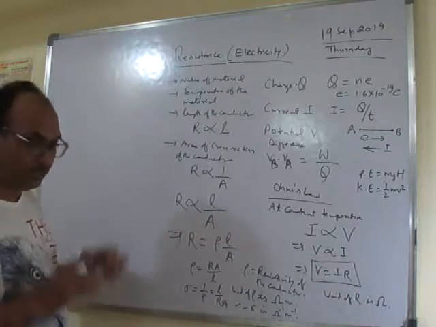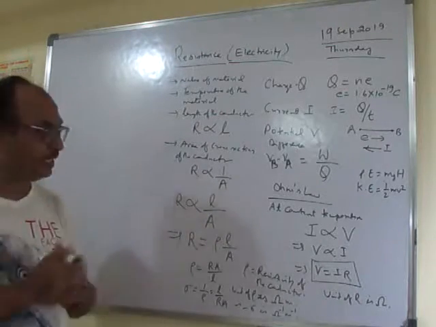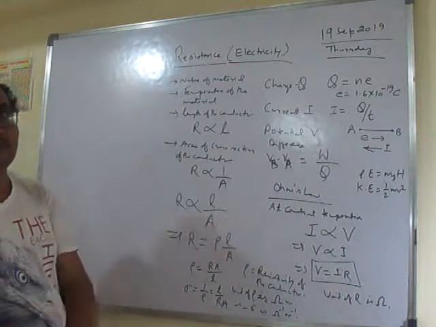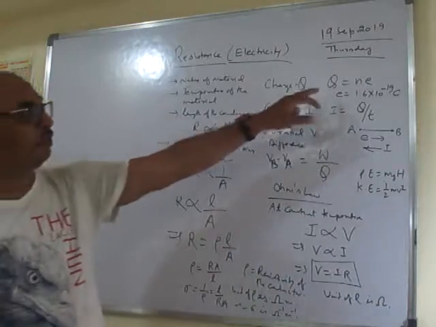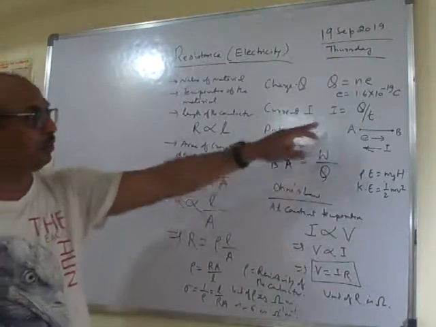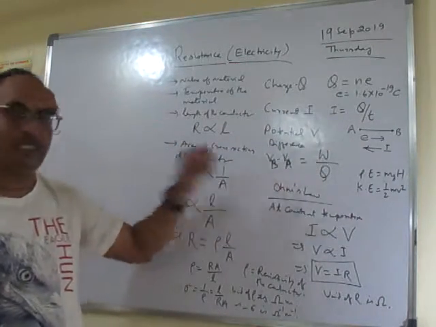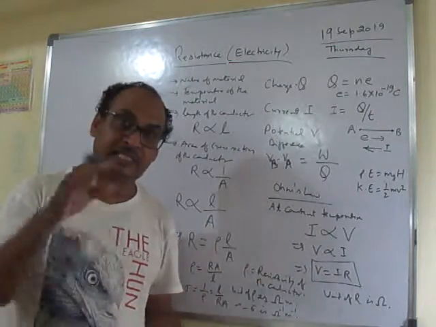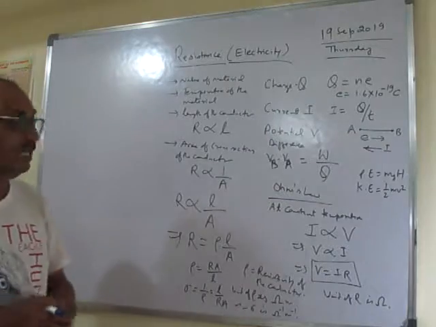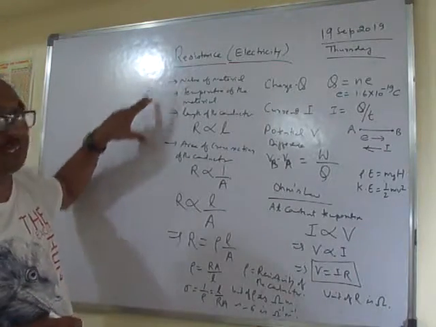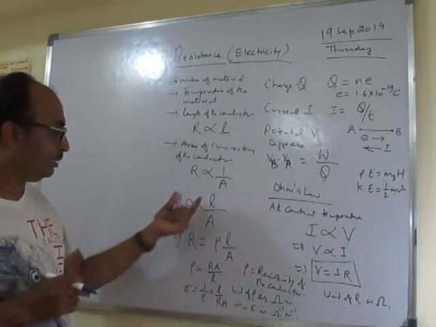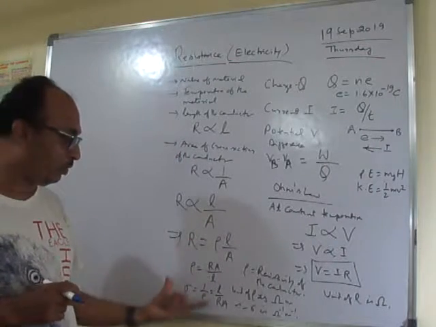Now, to give you an idea of this electricity chapter: we discussed charge Q, current, potential difference, and Ohm's law, then where the concept of resistance comes from. Then we discussed the factors on which resistance depends, that R is proportional to L by A, and we derived this expression.